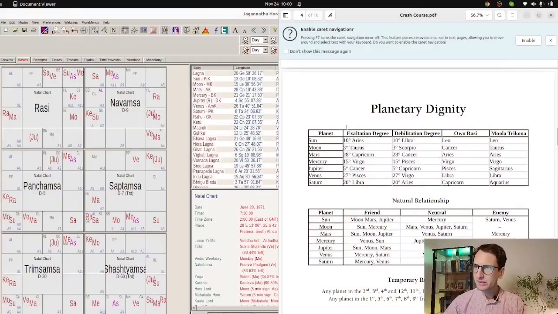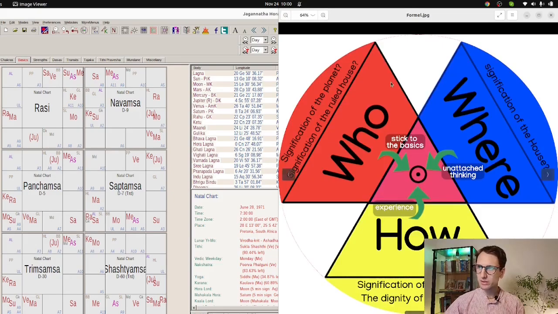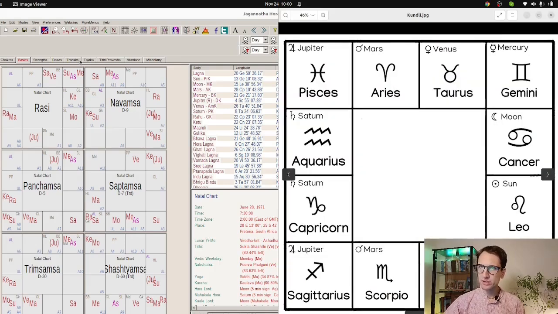And in this table, for each planet, these exaltation and debilitation points are mentioned, and they're always exactly opposite, 180 degrees. So the Sun is exalted in Aries, right? We have Aries here. So here it is exalted, and here it is debilitated. Now in the case of Elon Musk, we have Mars in Capricorn.